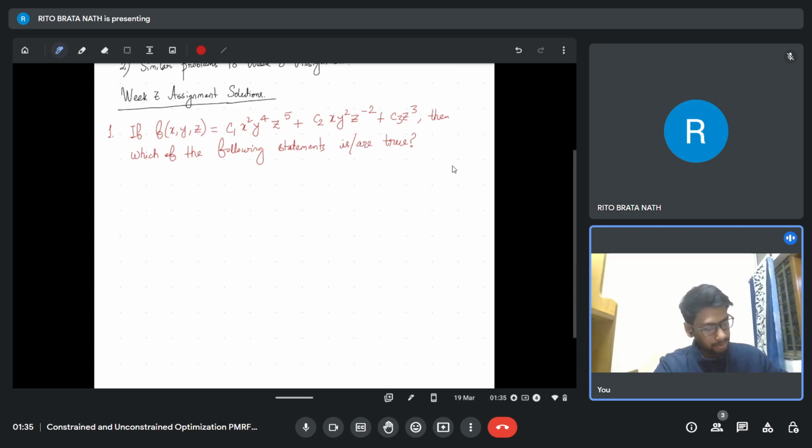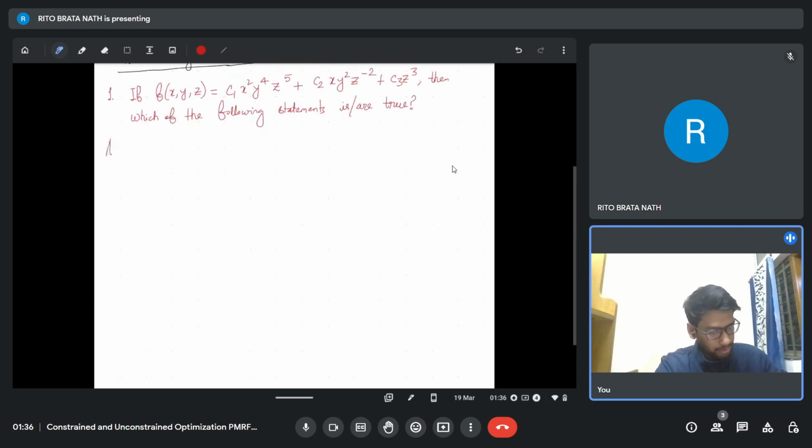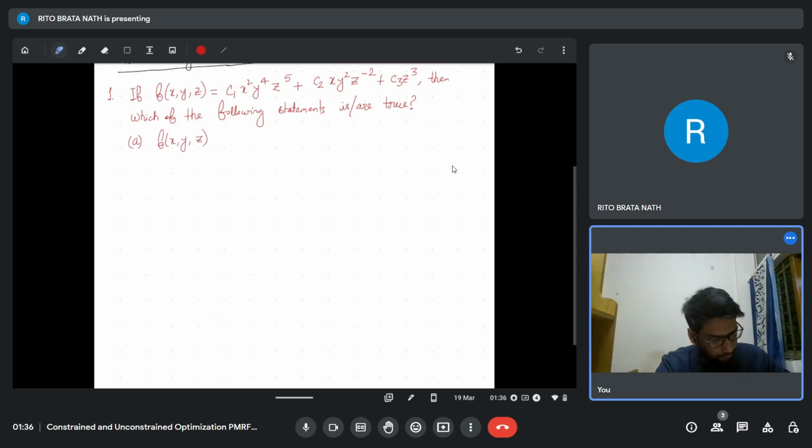Okay, so let's answer this. First I'll write down the options, then we'll discuss. The first one says that f of xyz is a polynomial if and only if c2 equals 0.